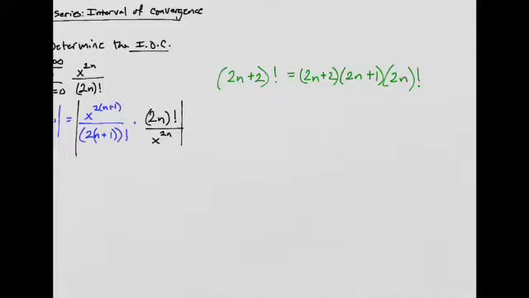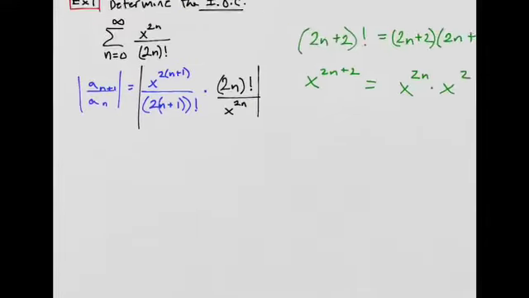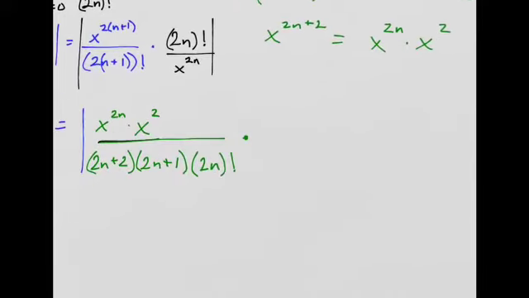So I'll change that. This part is x to the 2n plus 2, which is the same thing as x to the 2n times x squared. So I'll change that, so now I can cancel it out with that. So let me rewrite that, and then write this top part, 2n.